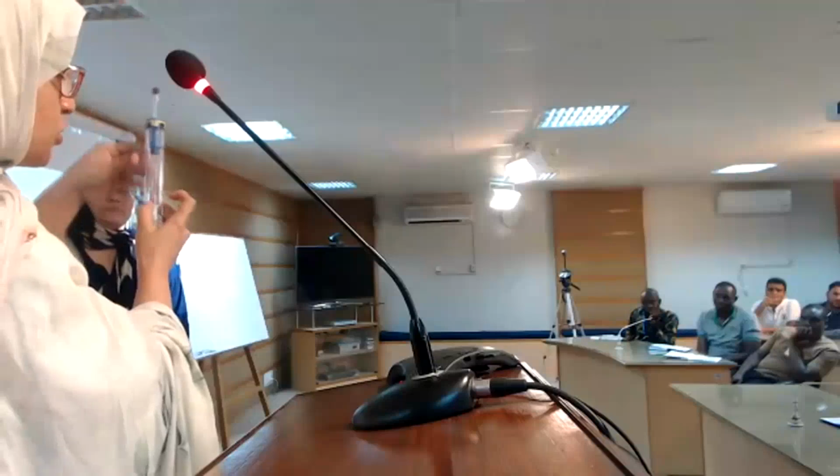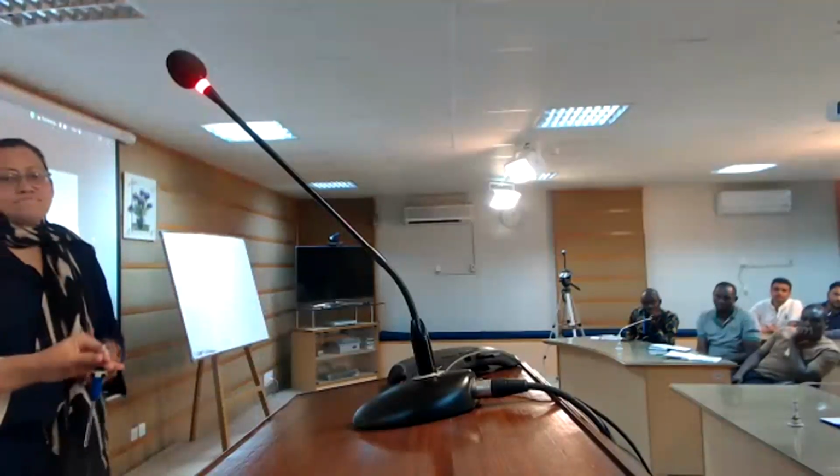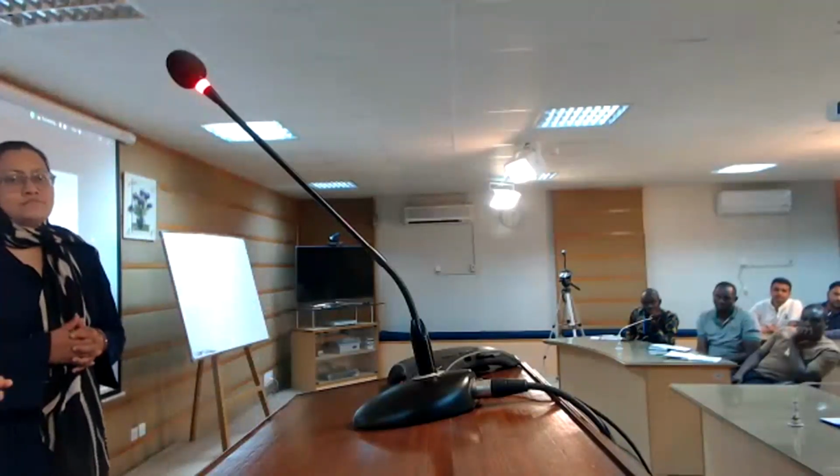If it is 5 millimeter, you need to adjust it so that your sample has this volume. After that, you open the air bed and then you put it inside the probe. It will go down and then you can start your experiment. Okay.